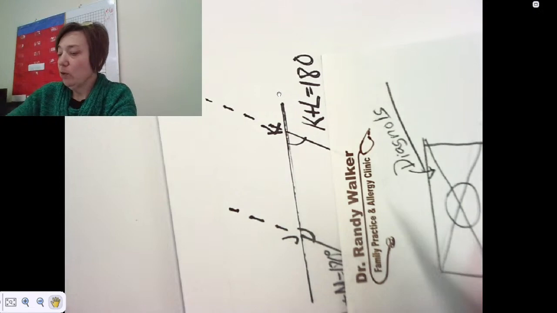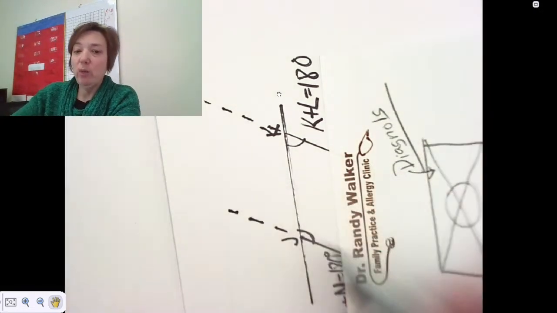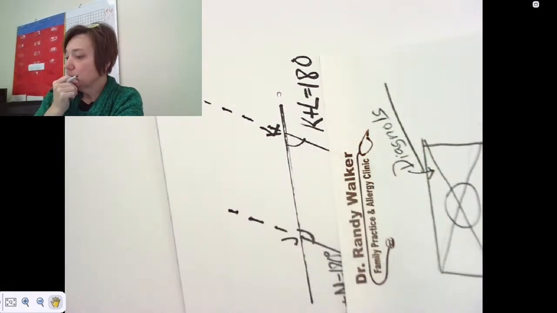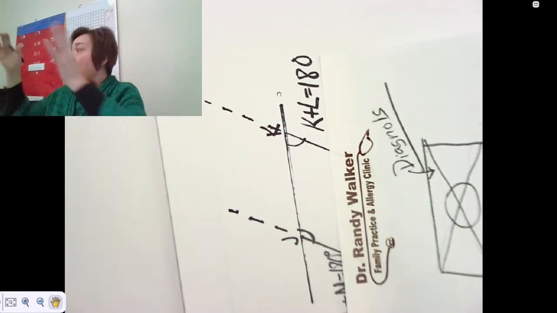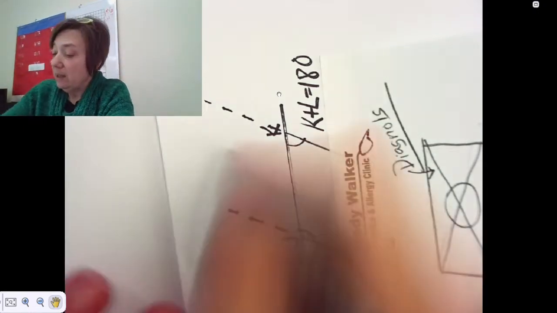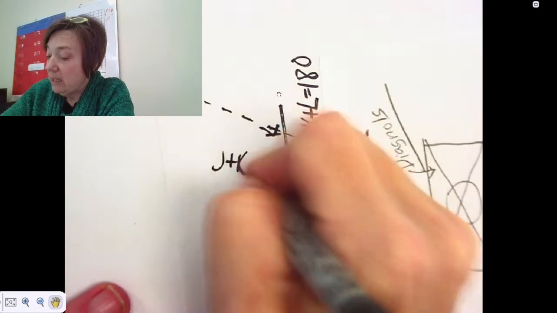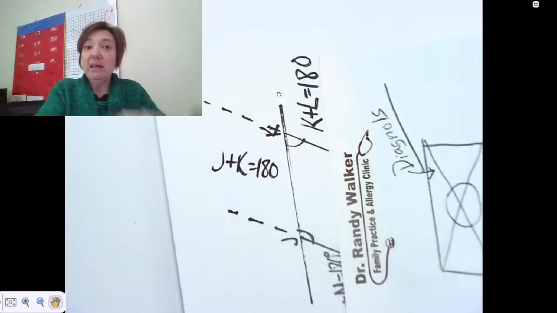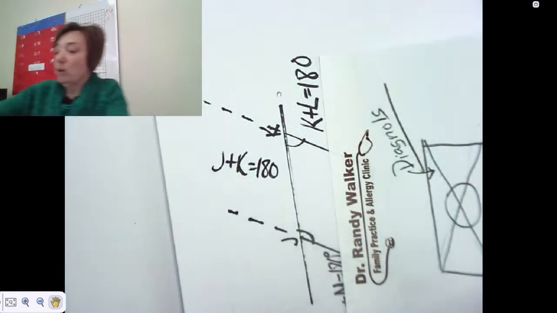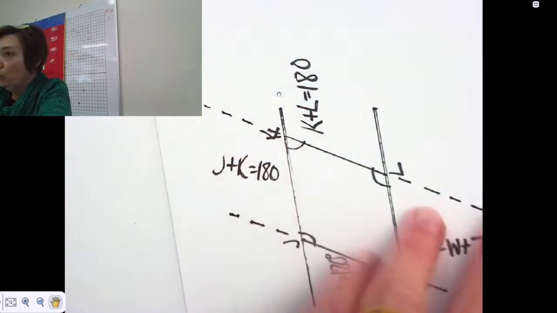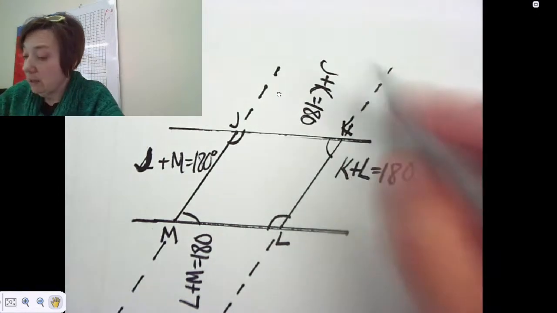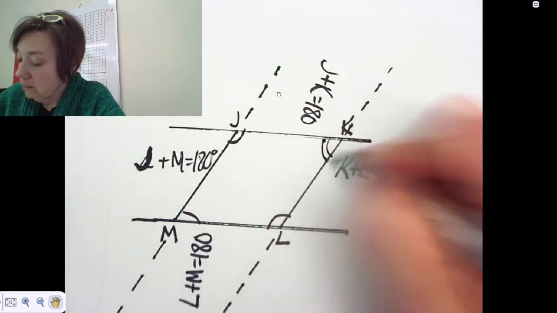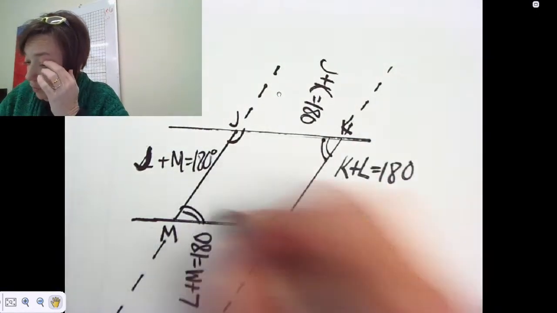Okay, so if we're looking at K and J, what do we know about K and J? Same side interior again, which means J plus K equals 180 again, right? So if we look at this as a shape once more, we'll notice that, and I'm going to put a mark here.